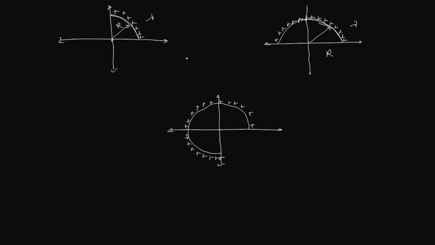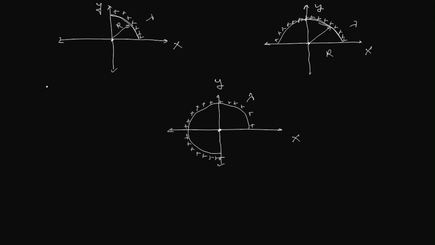So if we consider these cases, where the charge distribution is uniform, then tell me what will be the electric field for this arc, for this arc, and for this arc, at the center, meaning the origin, at the center of this loop.